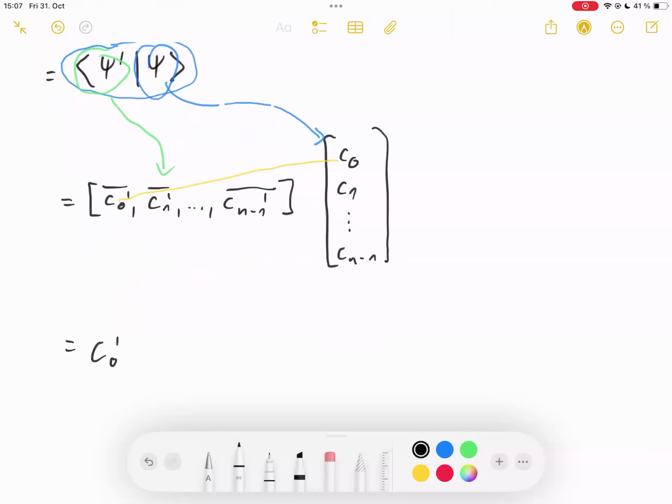It's the c0' conjugate times c0, this is the first product. Then the c1' conjugate times c1, up to the c_{n-1}' conjugate times c_{n-1}. Are you okay with this one here? Maybe just send me a signal if you got this.